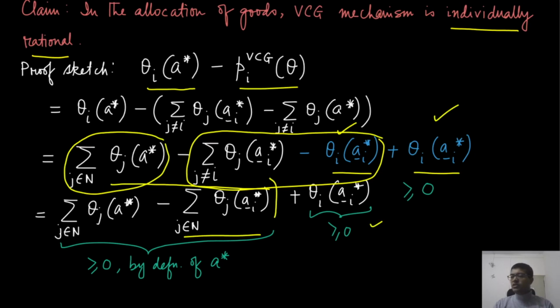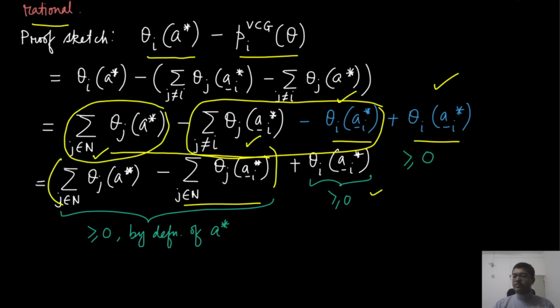So now let us look at these two terms together. This is the social welfare at A star, and this is the social welfare at A minus I star, the social welfare without agent I being present. Now by definition of A star, this is going to be non-negative, and we have also assumed that the objects are actually goods. So the valuation for any player is also going to be non-negative.